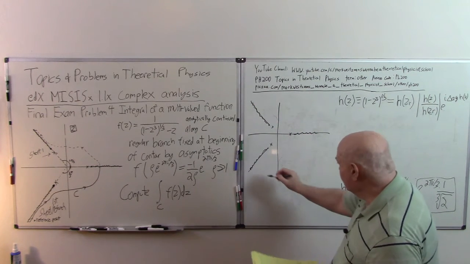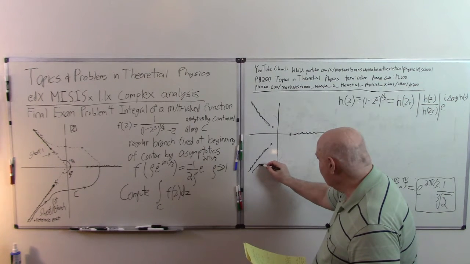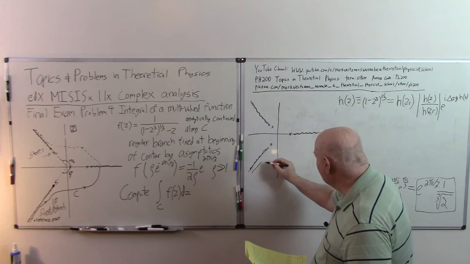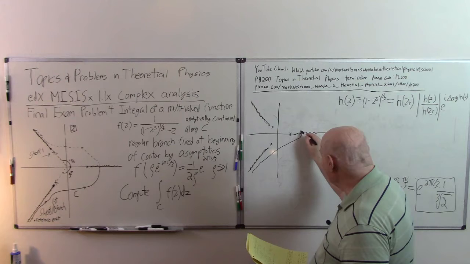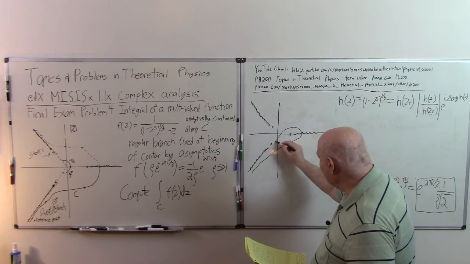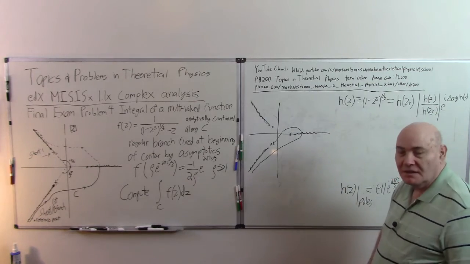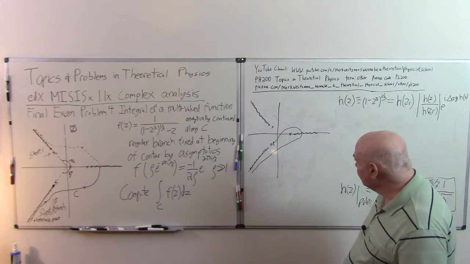Now we start off on the first sheet of our function like this. And we're following the contour. And before we just went to here, or we went straight there. But now we're going to cross the sheet and then go here. How does this affect our delta arguments that we calculated in the video earlier?